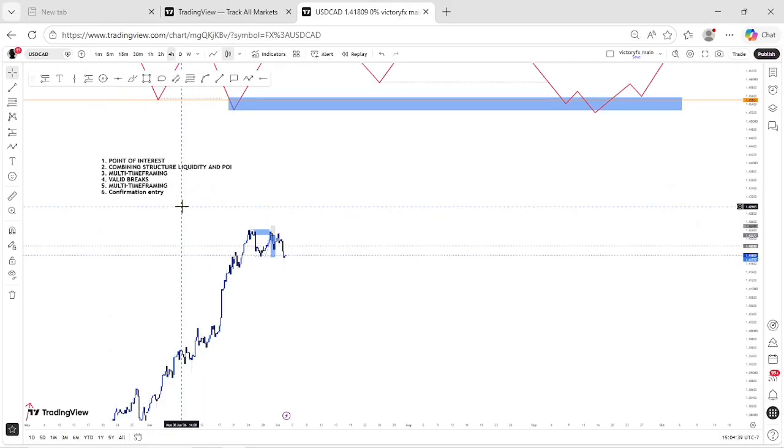If there's one structure only, you don't need to use the confirmation entry and other stuff. But if there are two structures, you have to use the two-factor, where price breaks one swing point and gives an eyeball, so that's an internal structure break, or then it breaks both structures. Be sure that the opposing side has taken over the market.